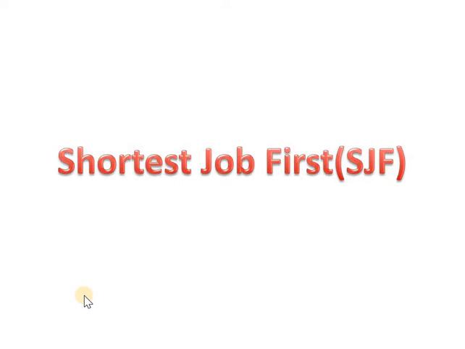Now, in this session, we will start our next scheduling algorithm, that is shortest job first, the SJF algorithm. First, we will see the basic introduction to the shortest job first algorithm.